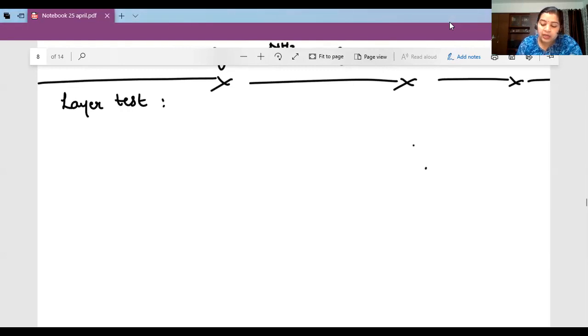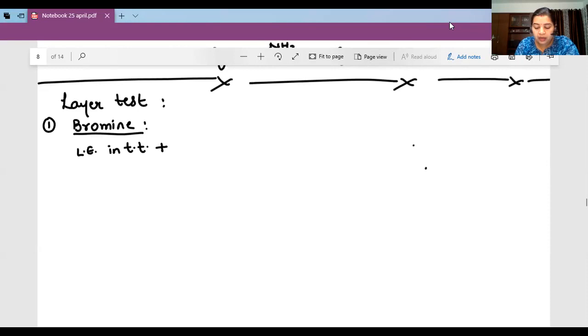Well, the layer test is based on the density of aqueous and organic solvents, and there is also a redox involved. Now, what type of redox? Let me clear that up. For example, if I want to check bromine in my organic compound, I will take Lassaigne's extract in a test tube.